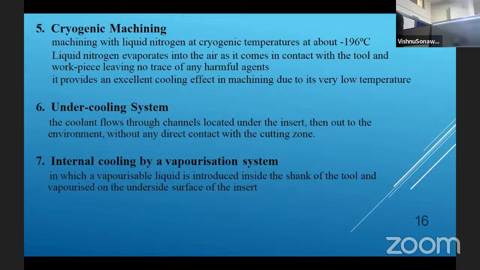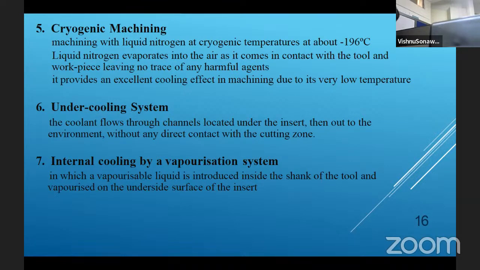Then we can go to dry machining and cryogenic machining. Cryogenic machining uses low temperature refrigeration systems. Cryogenics means what? It is liquid nitrogen at low temperature. It will be applied at minus 196 degrees Celsius, isn't it?